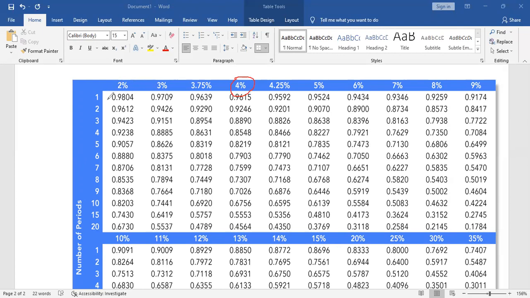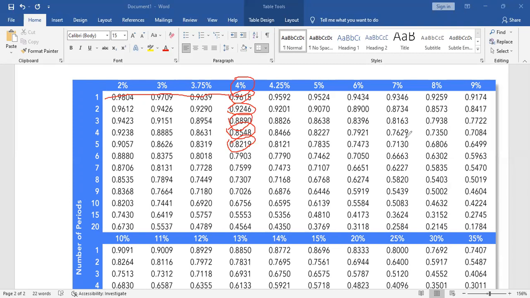For year 1 at 4%, it will be that number there. For year 2, that number there. Year 3, that. Year 4, that. And year 5, that. Those are the numbers I'll pick as my discount factors at 4%.